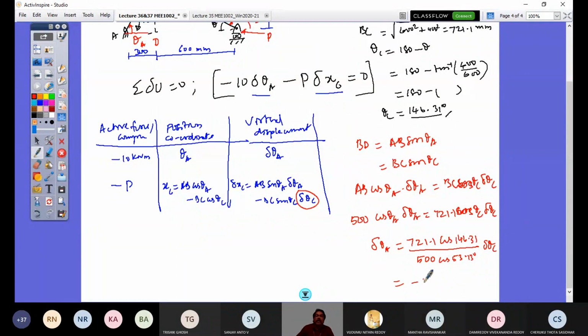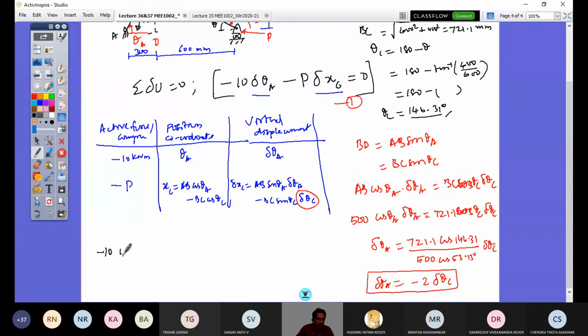right? So now I can substitute in this equation. So I can replace delta theta C by minus 0.5 times delta theta A, and I will have one common term which cannot be equal to 0, and I can get P. So putting this virtual displacement into this equation 1, I would be able to solve this problem, right? So minus 10 into delta theta A minus P into delta XC.